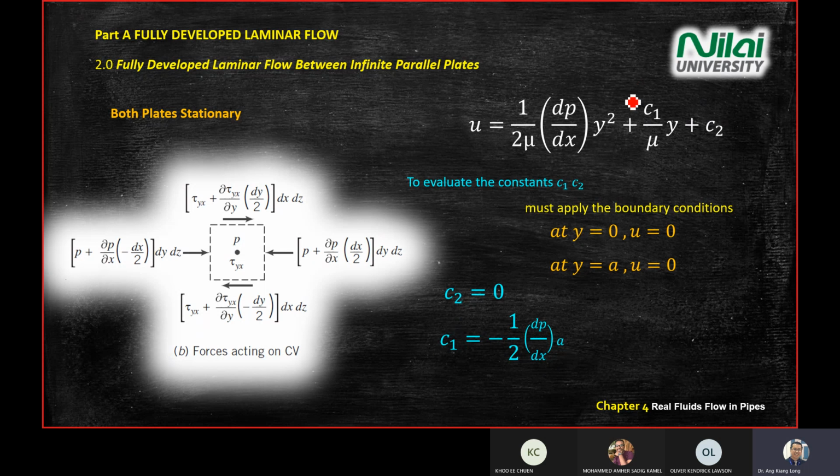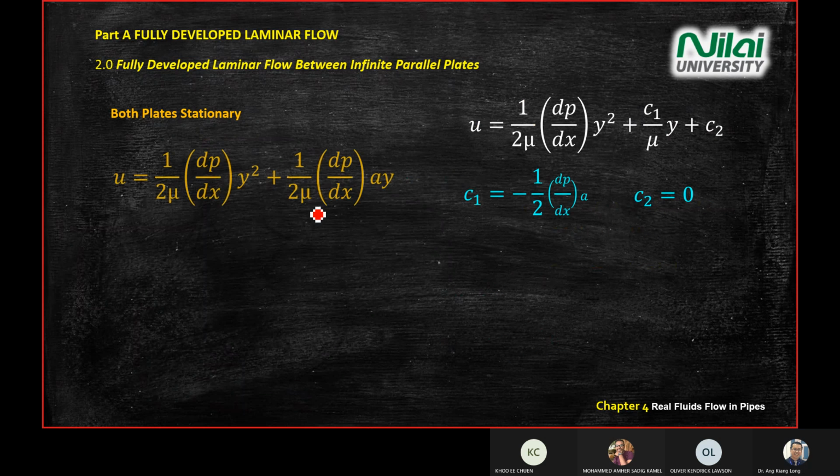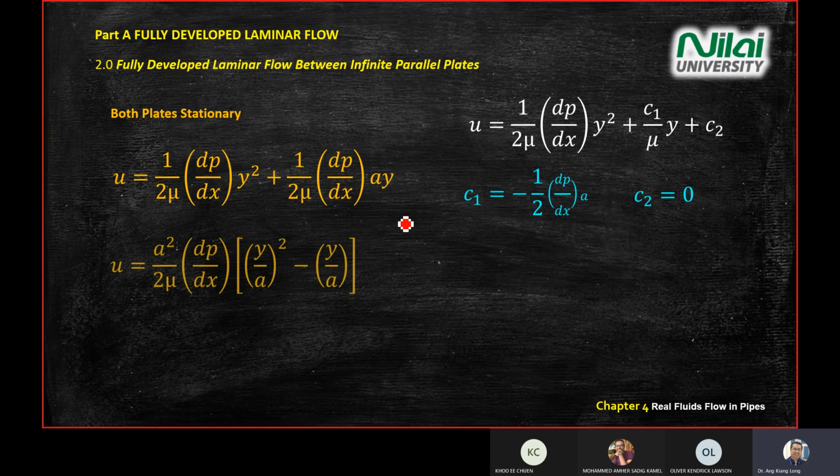After that, you substitute into this equation and you get the full equation for the velocity profile. I'll show it on the screen here. If you substitute these two, C1 and C2, you get u equal to this term plus this term.